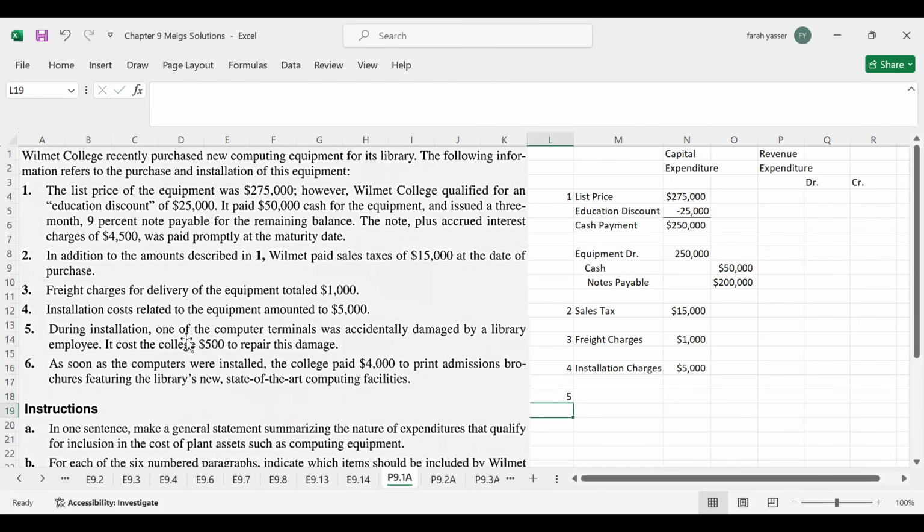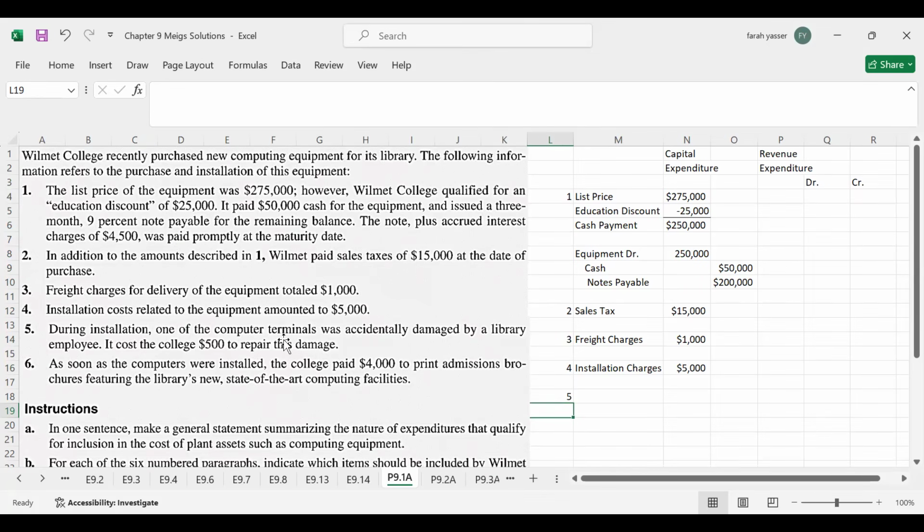Then the entry number 5: during installation, one of the computer terminals was accidentally damaged by a library employee. It cost the college $500 to repair this damage. Now, this damage is not a necessary or mandatory requirement to install the computer. So this is a routine or repair expense, and it shouldn't be capitalized.